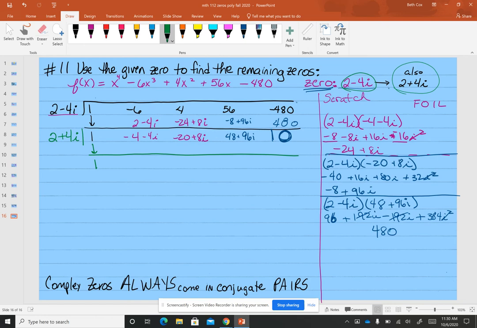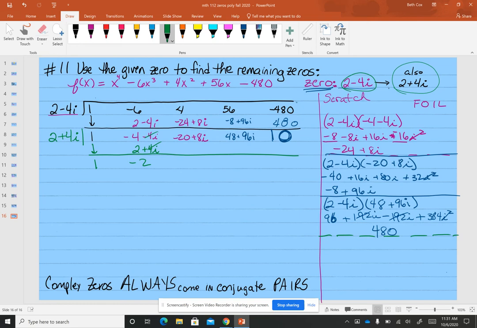This one is going to be a whole lot easier than the first one. So don't panic. I don't even need my scratch paper for this one. I can use it if you want me to, but I'm not going to need it. Here we go. 2 plus 4i times 1 is going to be 2 plus 4i. Notice what happens this time with the i's. They go away, and I'm just left with negative 2.